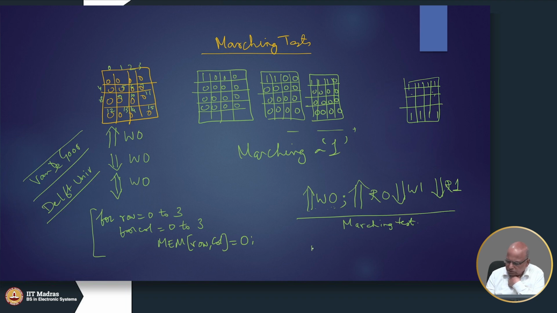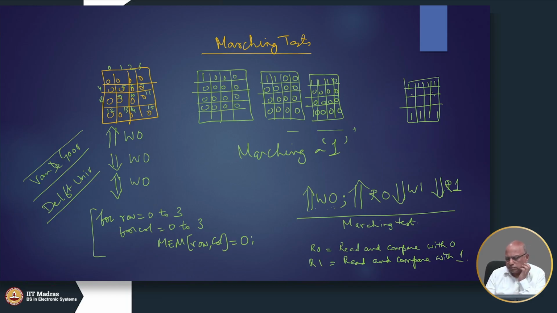So R0 means read and compare with 0. R1 means read and compare with 1. If we don't get it, then there is a problem.